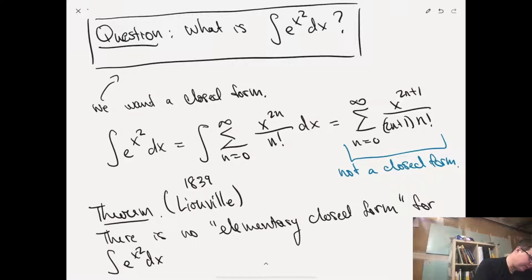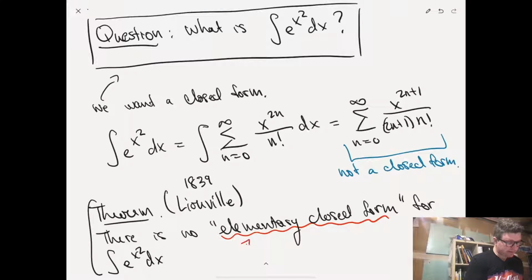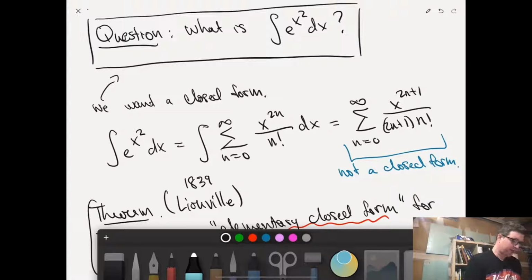Okay, so Liouville, I'm just going to anglicize. Liouville actually proved a lot more than this, and I don't know what to say about this, but one of the things I do have to say is that we have to make sense of what this means. So I'm going to punt on this for a second, and then show you how this works.